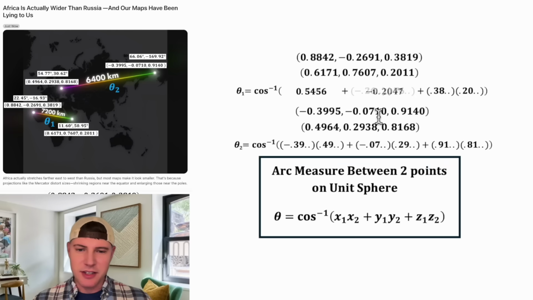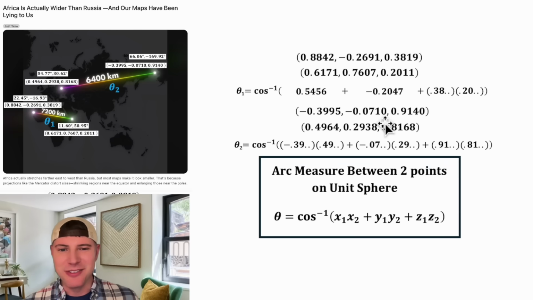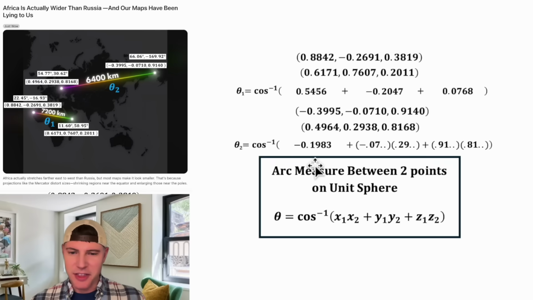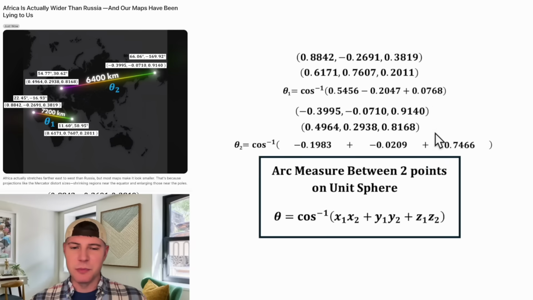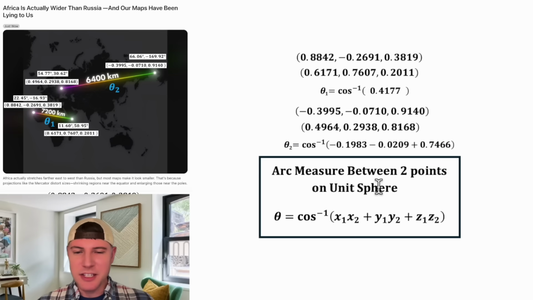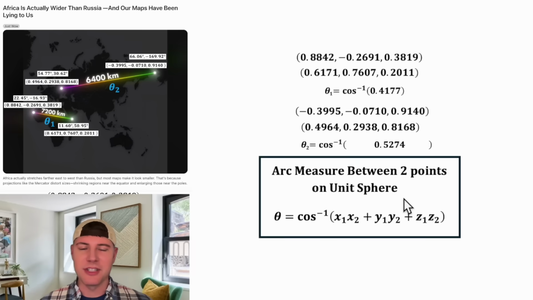This times this is equal to negative 0.2047. And this times this is equal to 0.0768. Down here, this times this is equal to this. This times this is equal to this. And this times this is equal to this. On both of these, let's smush everything together. And then inside the parentheses, this minus this plus this is equal to 0.4177. And inside of this parentheses, this minus this plus this is equal to 0.5274.